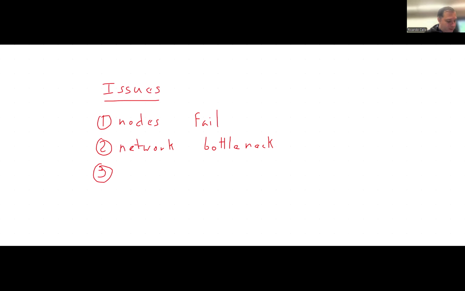So we need a simple model that hides most of the complexity. Okay, so we need something like that. So we're going to say here: programming distributed programming is hard.